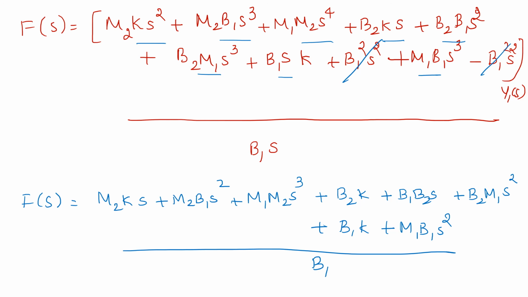Now we can separate the terms containing s square, s and a constant, so that we can write this entire thing into Y1. I have missed Y1 here; it is into Y1(s).